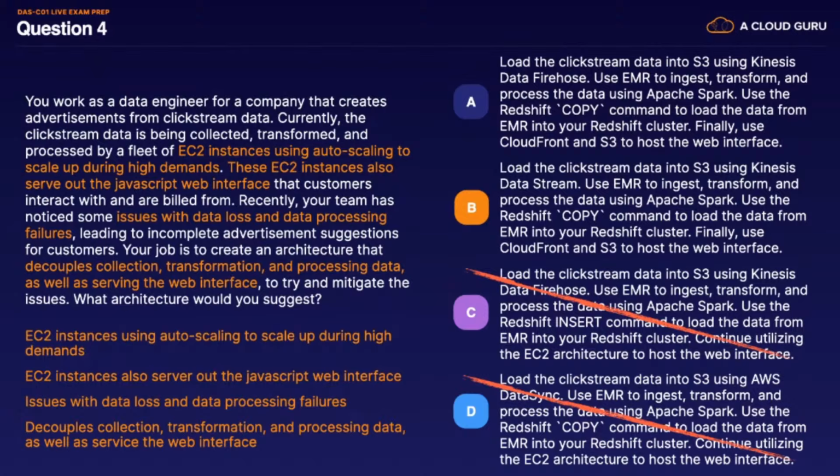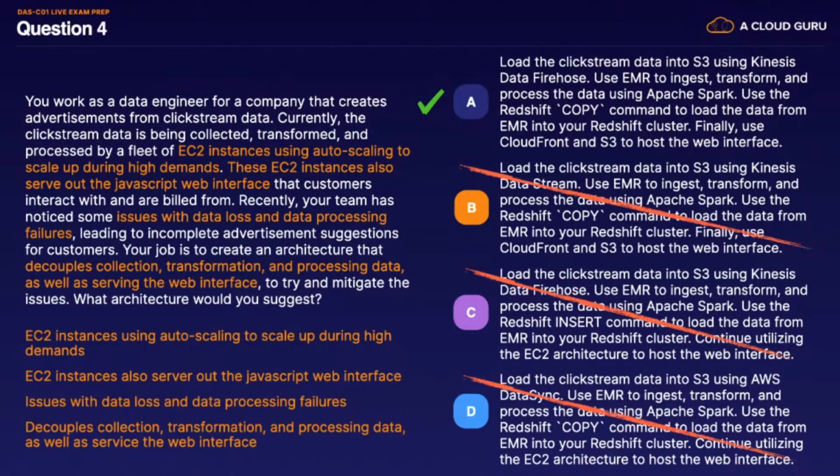So that's going to tell me that we're going to either have to develop something that moves that data from the data stream into S3, or there's a better option here. I do know that Kinesis Data Firehose can load data straight into S3, which leaves us with answer A, which will be our correct answer.